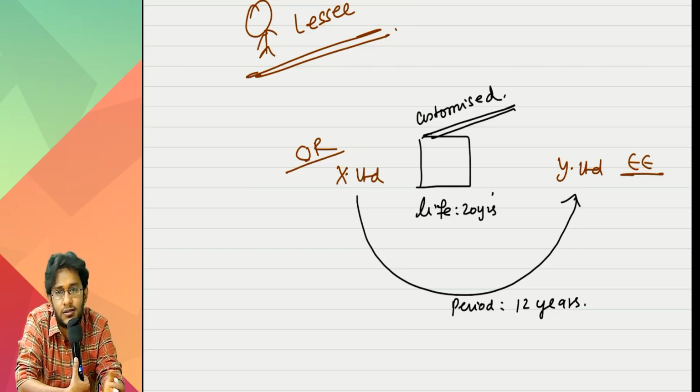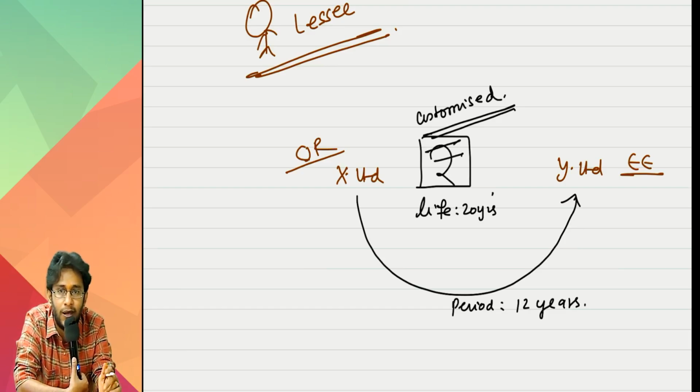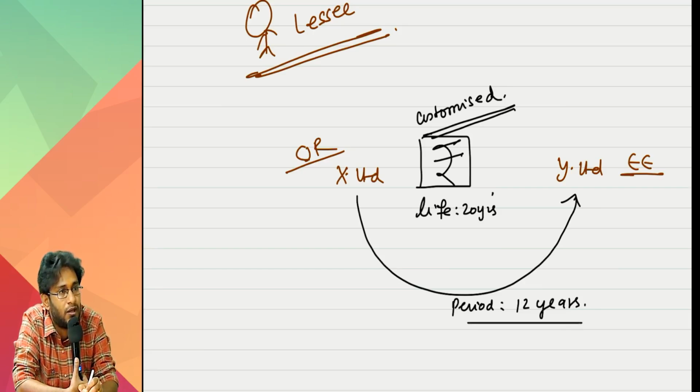Because this is heavily customized, and if I have to make it available to some other lessee, I have to incur a huge cost. Today, I already incurred a huge cost in making this asset. So what X Limited will plan is, whatever cost I have incurred in making this asset, the entire cost I will recover from Y Limited only over a period of 12 years.